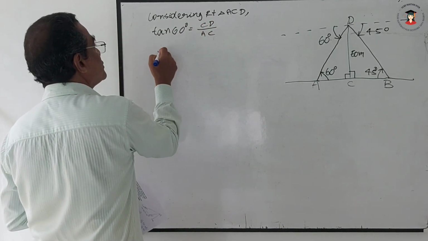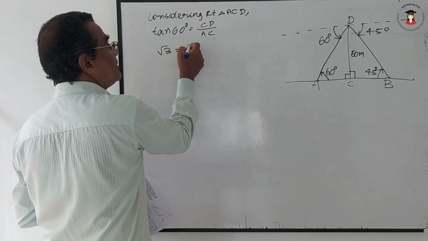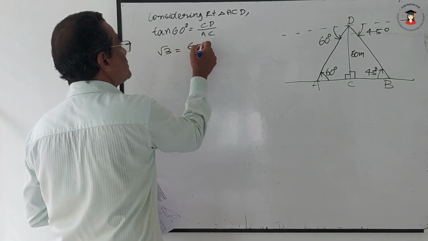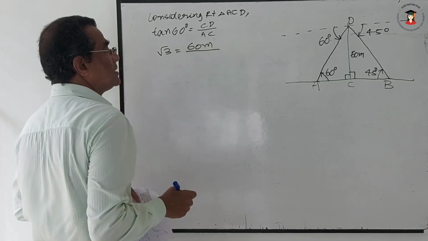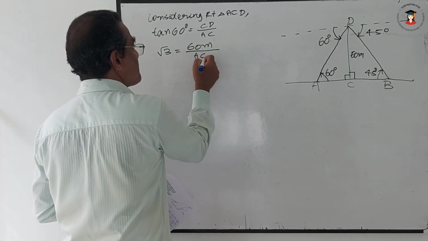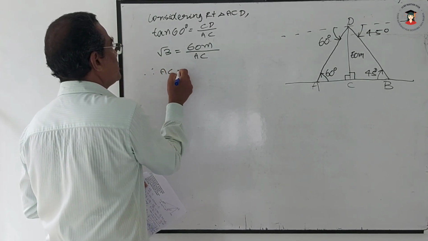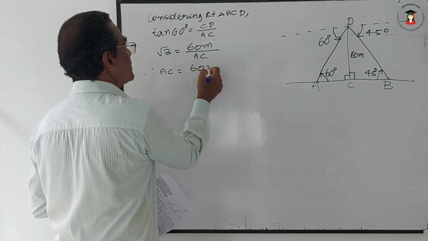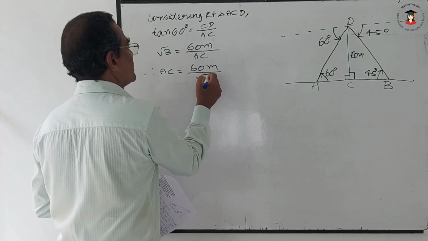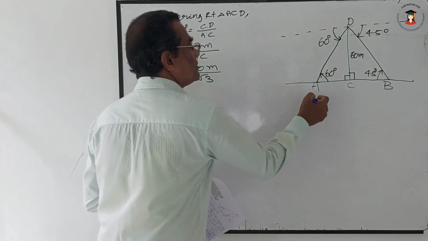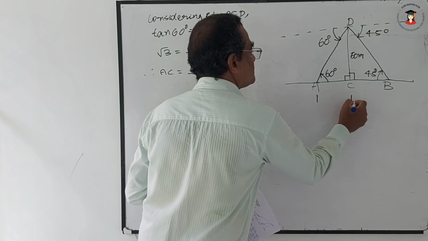Tan 60 is root 3. CD we know it is 60 meter divided by AC. Therefore, AC equal to 60 meter divided by root 3. So AC we obtained.